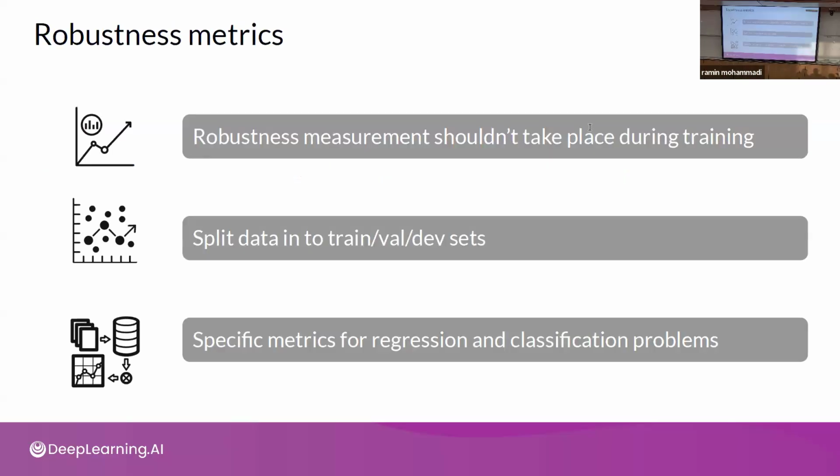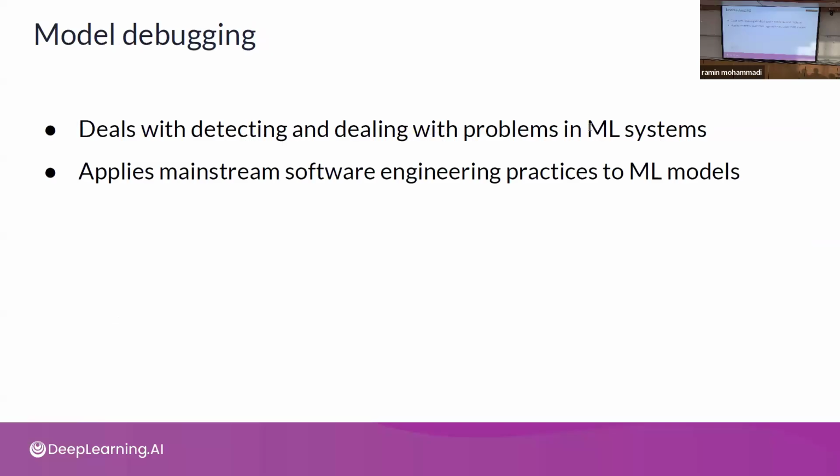Now, when it comes to robustness, there are other types of metrics that you cannot measure during training. They only come post-training. You basically split your data and run certain tests. We're going to just name the tests right now.